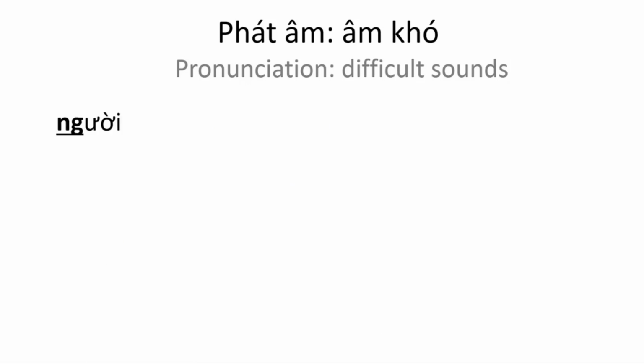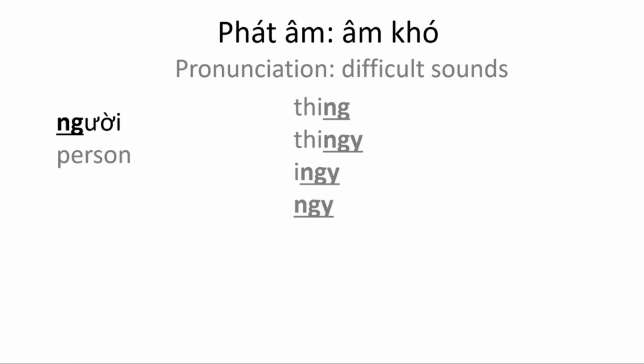Người is a very common word meaning person, and here we have the initial ng sound, which is the same in English, but we only have it in the final position in words like sing or song. Probably the best way to pronounce this correctly is to take a word in English like thing, thingy, and try and overpronounce the end of that word, thingy, lose the th, ingy, lose the i, ngi.